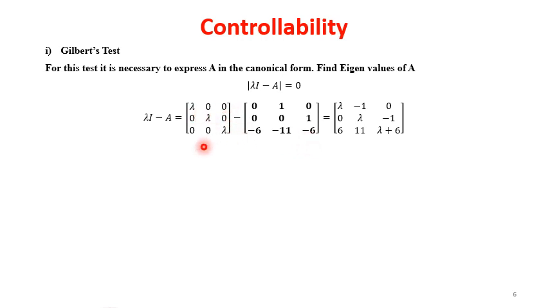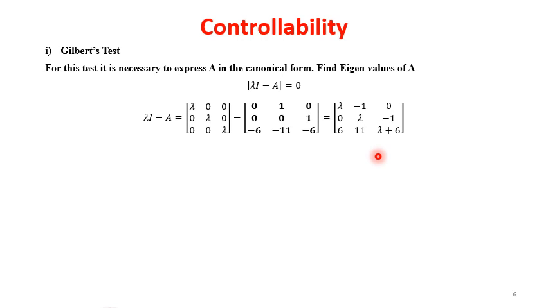When we subtract, we get lambda, minus 1, 0; 0, lambda, minus 1; 0 minus of minus 6, so plus 6, 0 minus of minus 11, so plus 11, and lambda minus of minus 6, so lambda plus 6. This is lambda I minus A.